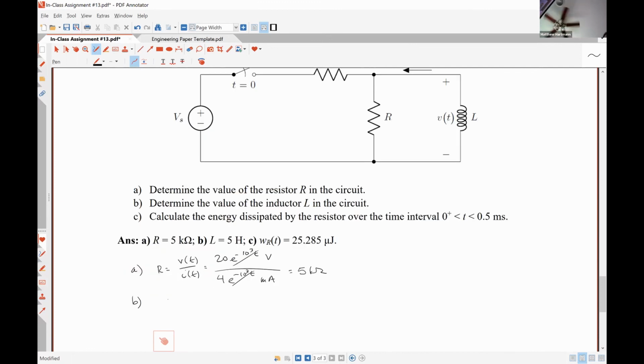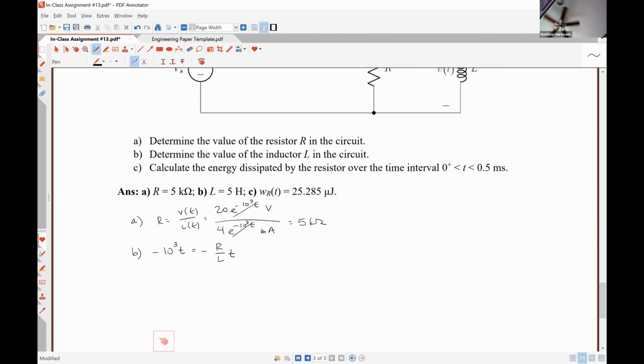So I know that negative 10 to the 3t is equal to negative R over L t. I can divide both sides by t, and divide both sides by -1.